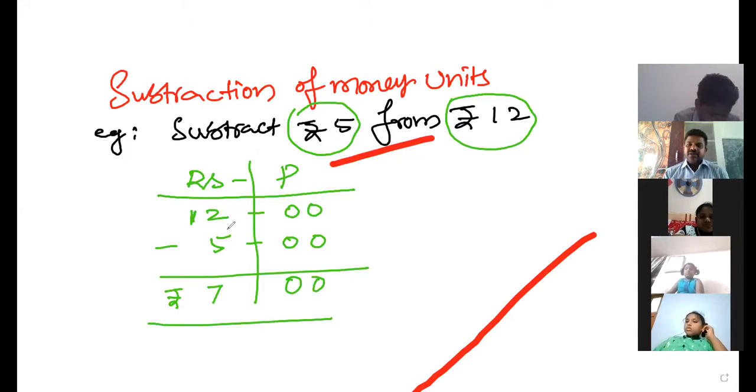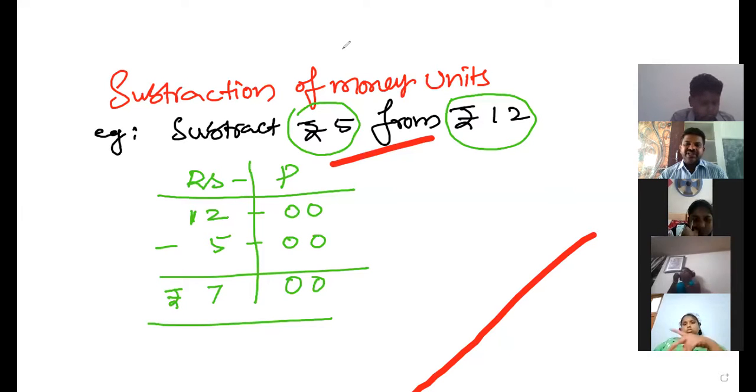To subtract the numbers, it is very clear, right? Make 2 columns, rupees and pies, arrange the numbers one below the other as for the given numbers, and then do it as we subtract whole numbers.